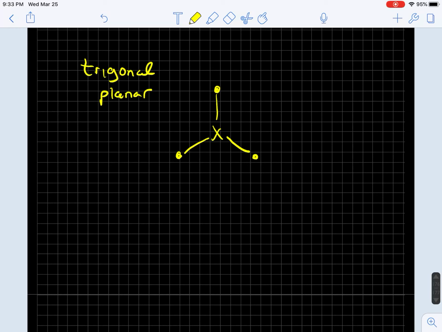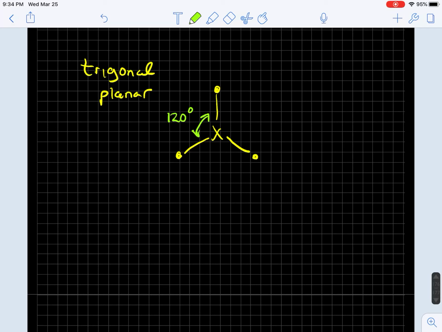But we now have to accommodate three areas of space. And so three things around the central atom are best spread out 120 degrees apart into the corners of a triangle.